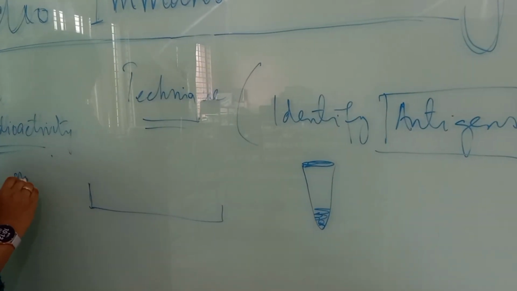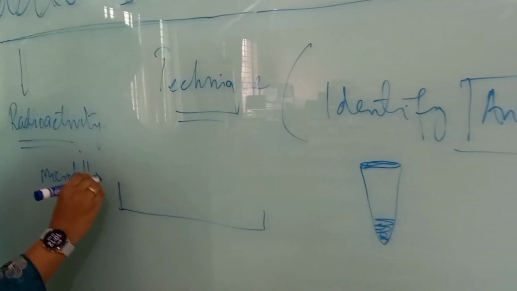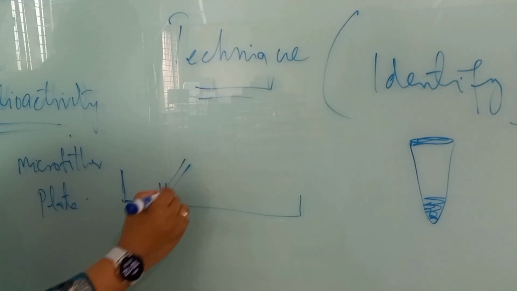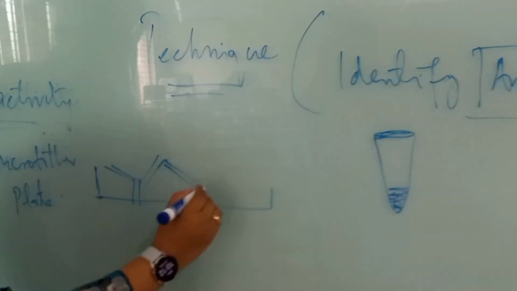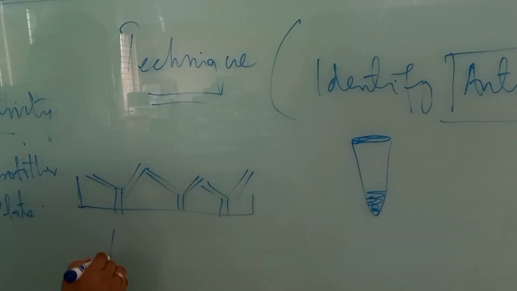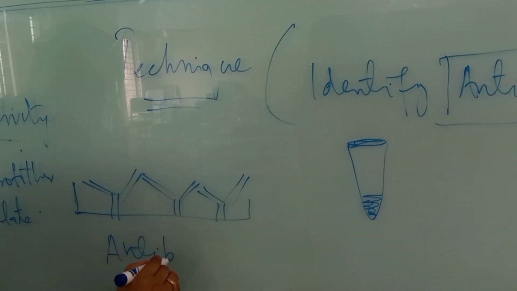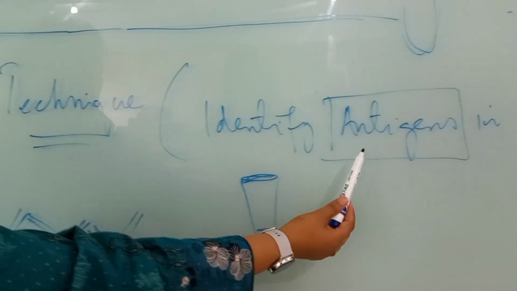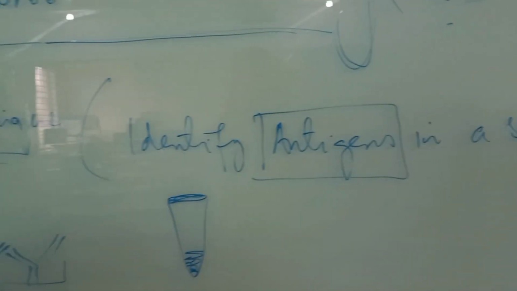This is the microtiter plate that is coated with the antibodies. It is pre-coated and available commercially with the antibodies, which must be complementary to the antigen that we are identifying in the sample.